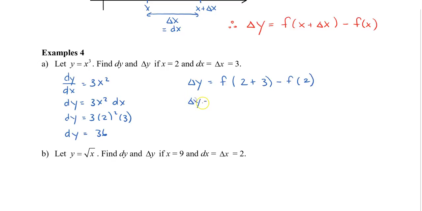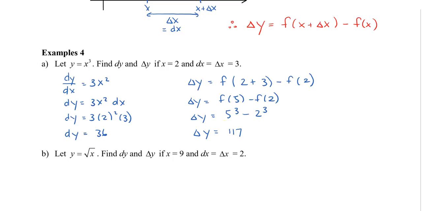So delta y is equal to f of 5 minus f of 2. So delta y is equal to 5 cubed, so we plug 5 into the expression for y, minus 2 cubed. Then delta y is equal to 125 minus 8, which is 117.